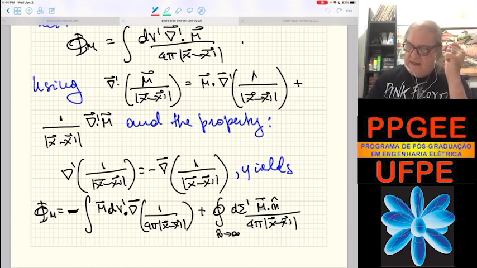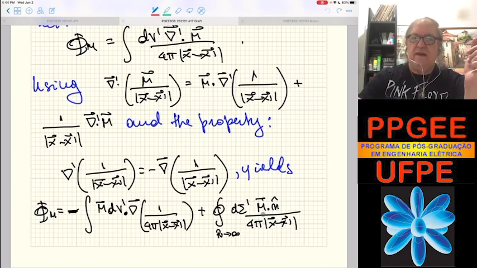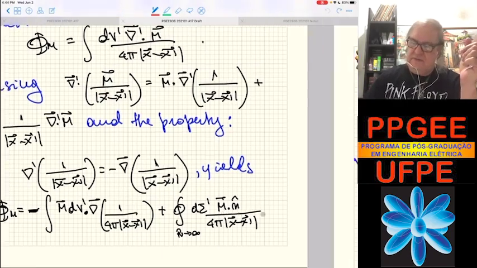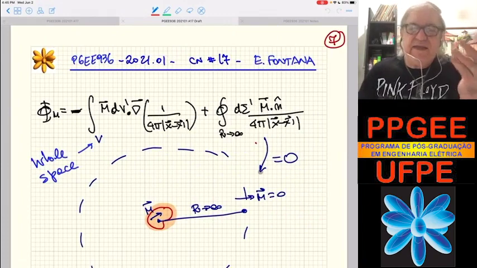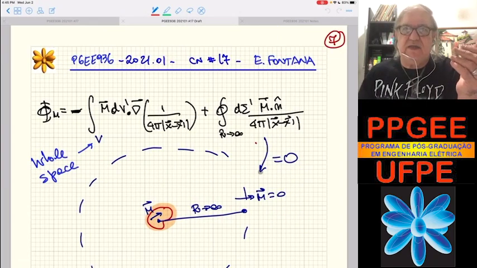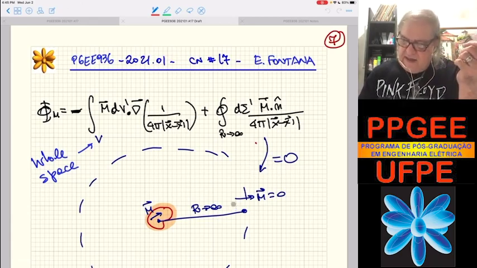And at infinity, this thing here is negligible. Okay? It goes to 0, because everything falls off faster than 1 over r squared. The area increases with r squared, so sigma goes with r squared, right?